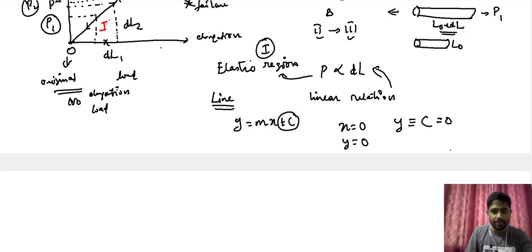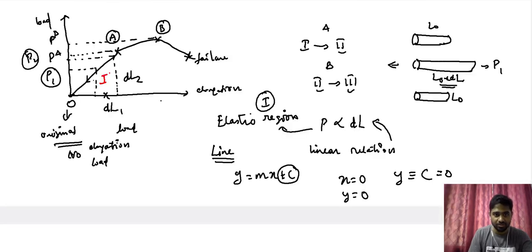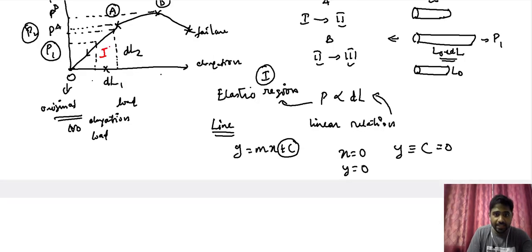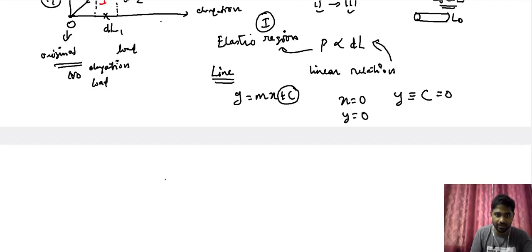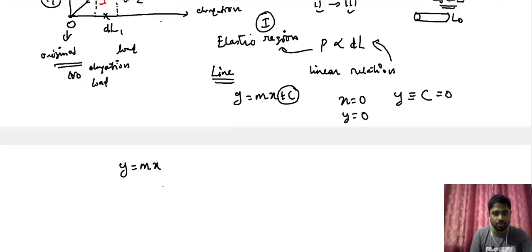So what it ultimately means is that the first section of this curve here, that is the load elongation curve, can be represented mathematically by just this couple of terms. By this expression alone, you will be able to express the first section of the curve. In this case, x is nothing but the elongation dl, and y is nothing but the load.